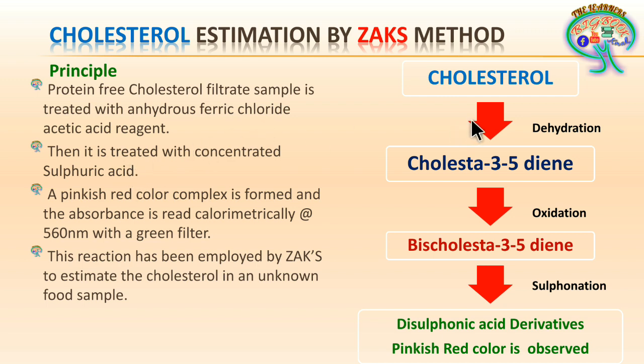When cholesterol is treated in the acidic medium, as acetic acid provides an acidic medium, dehydration takes place, leading to the formation of cholesterol 3,5-diene.